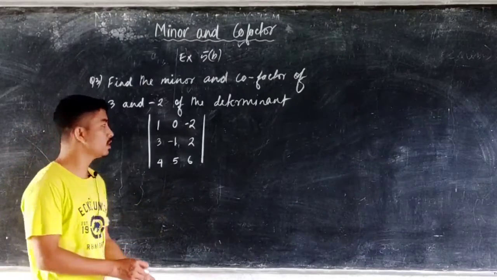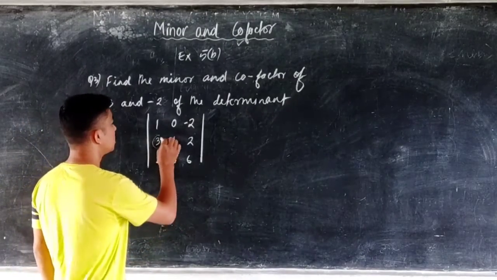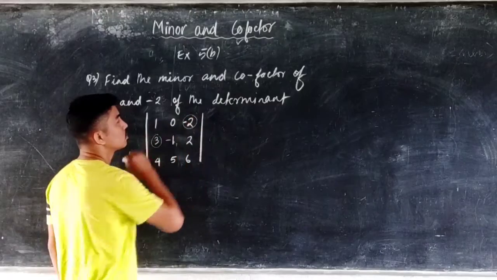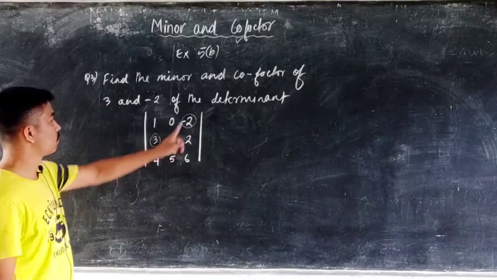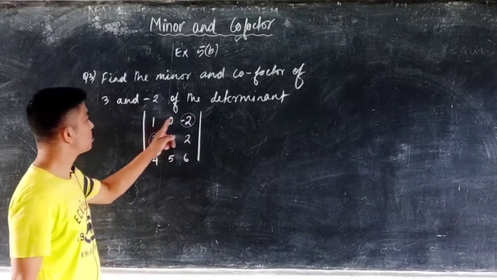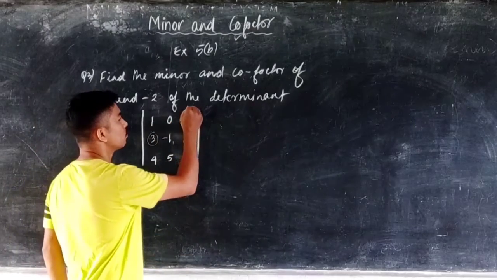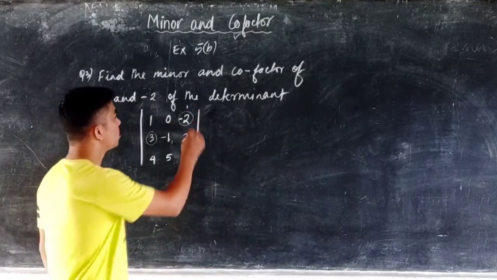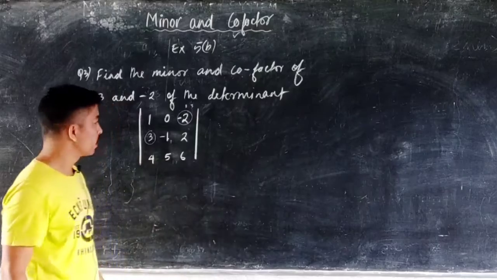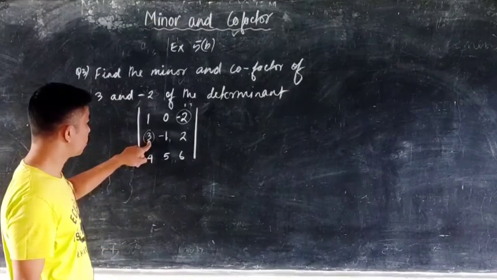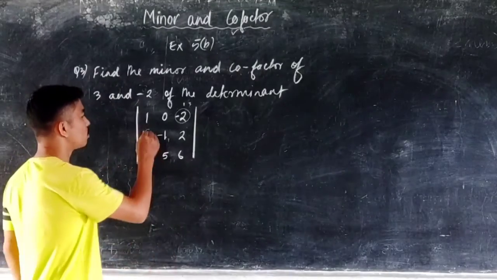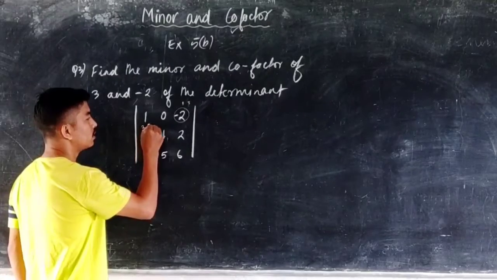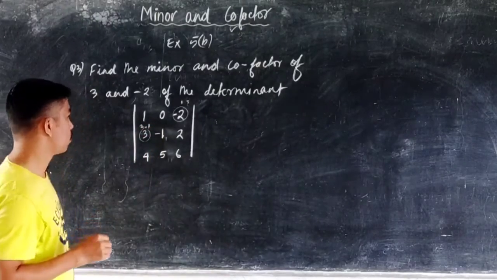First, let us find the position of each. Minus 2 belongs to the first row and the third column. Element 3 belongs to the second row and the first column.